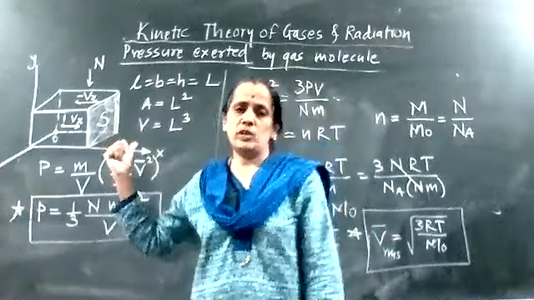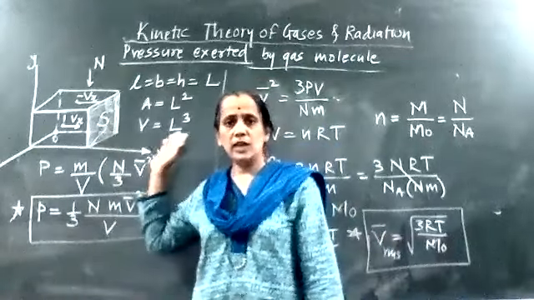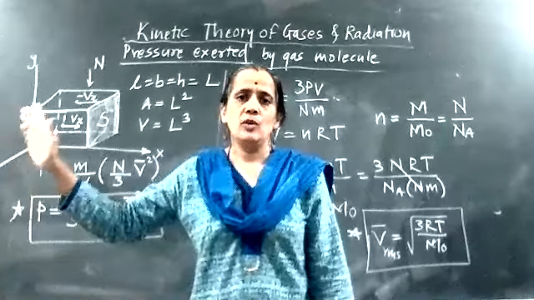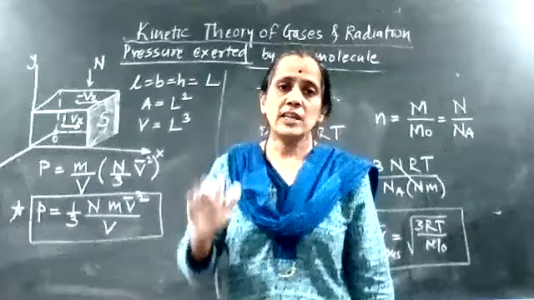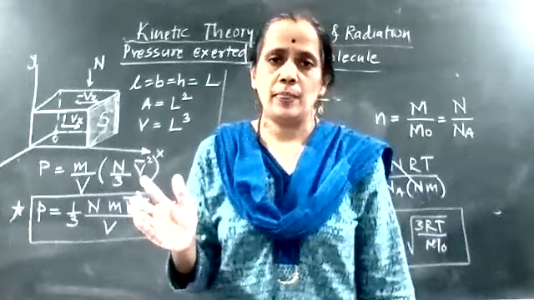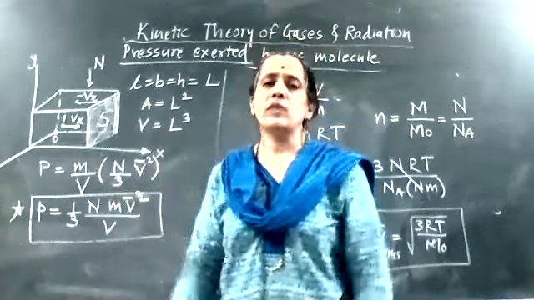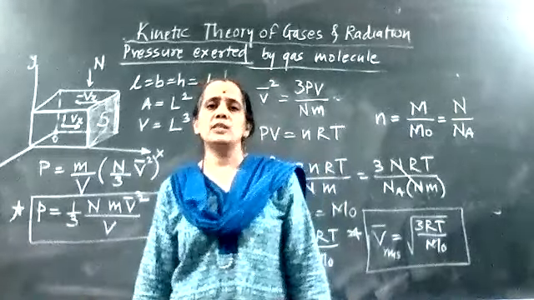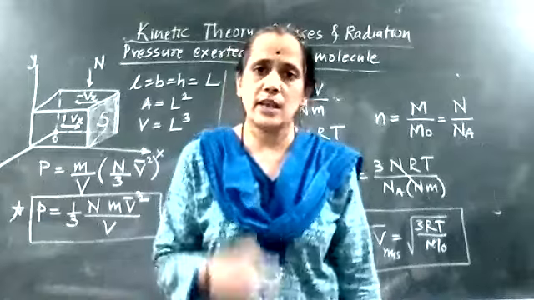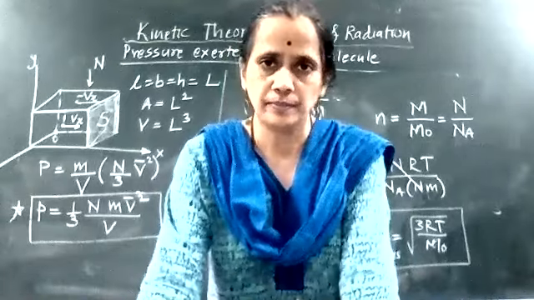When that gas molecule collides with S, it rebounds in the opposite direction, so the velocity becomes minus Vx1 and it comes towards the origin. Therefore, the final momentum of the gas molecule is minus m Vx1.